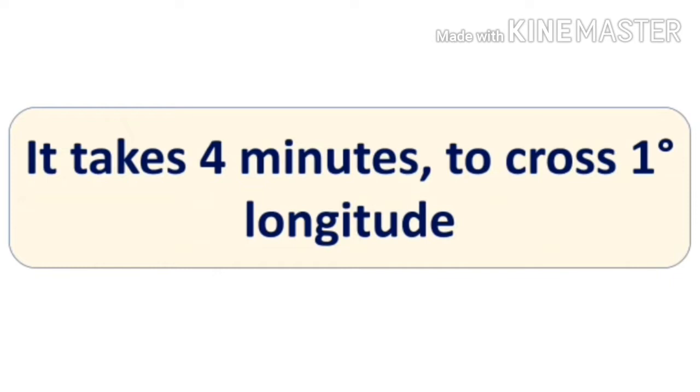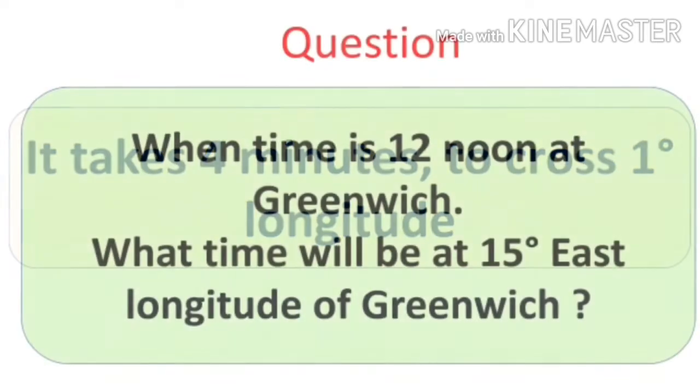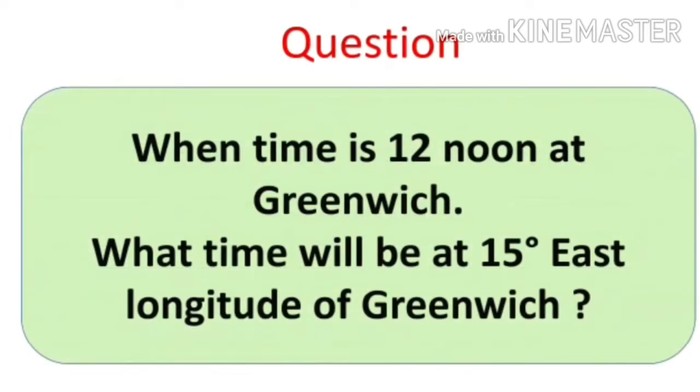Now let's see a mathematical problem. Then you will understand. When time is 12 noon at Greenwich. Greenwich, we know that 0 degree longitude, and there the time is 12 noon. What time will be at 15 degree east longitude of Greenwich? And you know that when it is east, we have to add time, right?